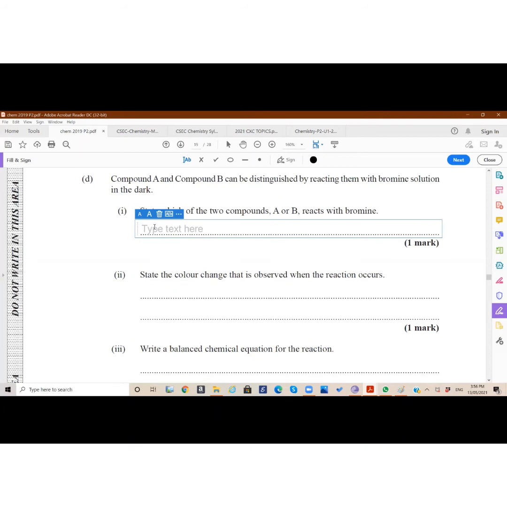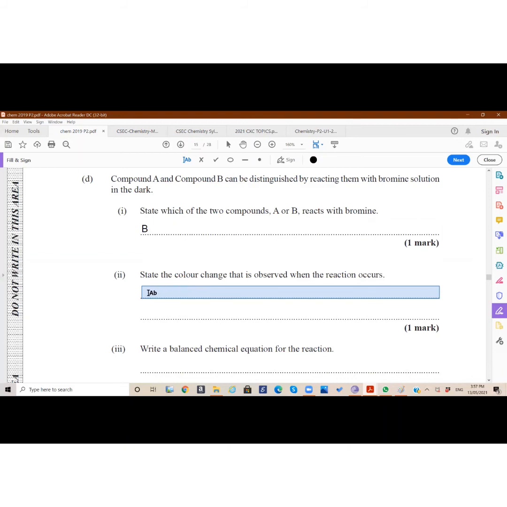Which of those would react with bromine? Would it be the second one, pentene? B, yes, pentene, the alkene. Yes, so it will be B because it's an alkene. Alkenes react with halogens.